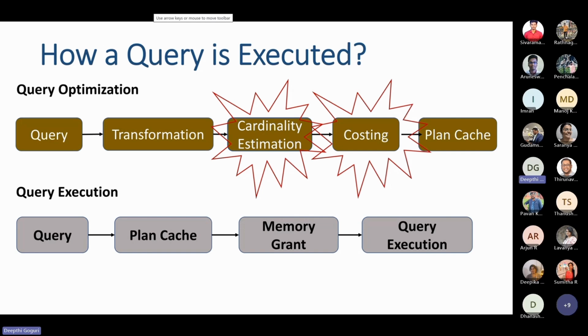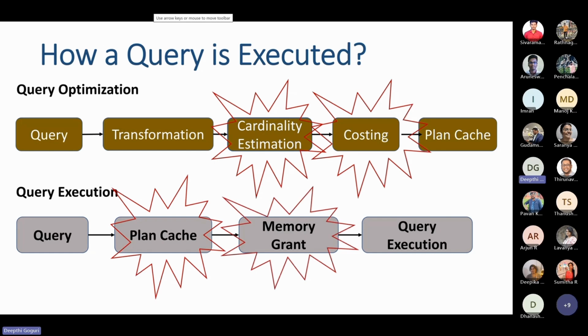So if the cardinality estimates go bad, the cost will go bad, the wrong plan will be saved in the plan cache, then the wrong memory grant will be allocated for that plan, and the query goes into disaster.